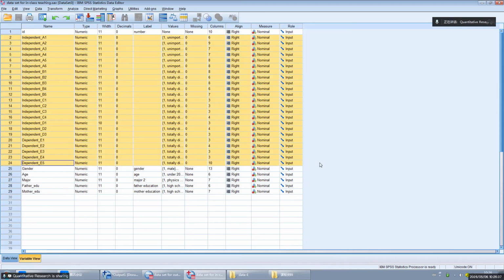Are there significant differences between females and males? Sometimes we want to examine other group differences. If you want to examine the group differences, we use this data analysis.